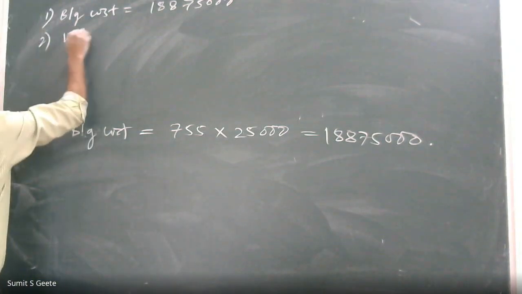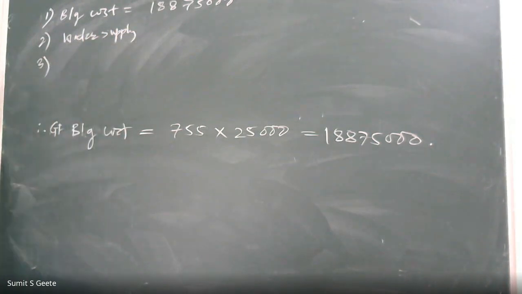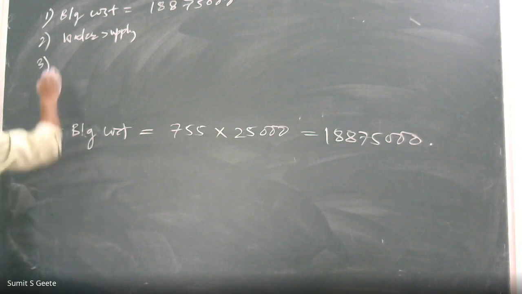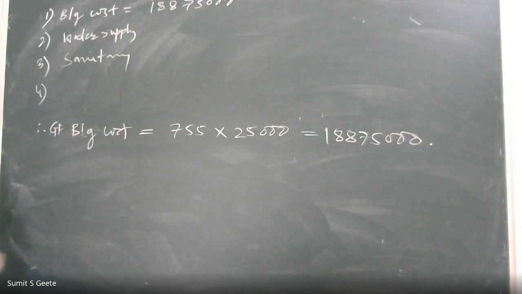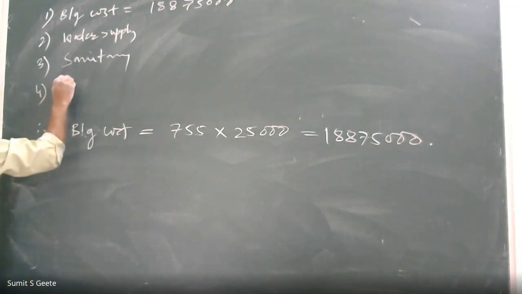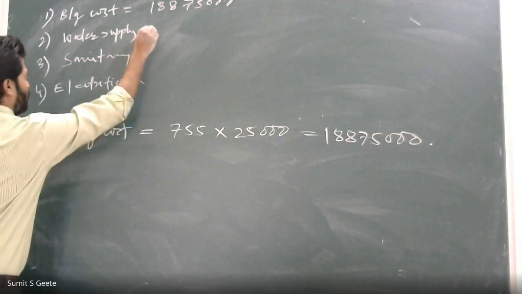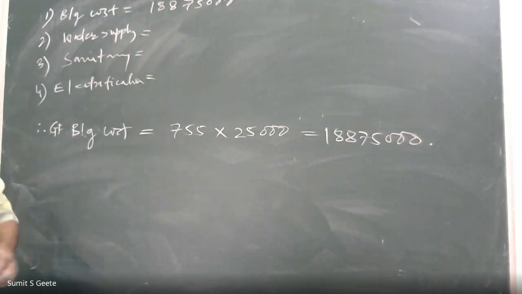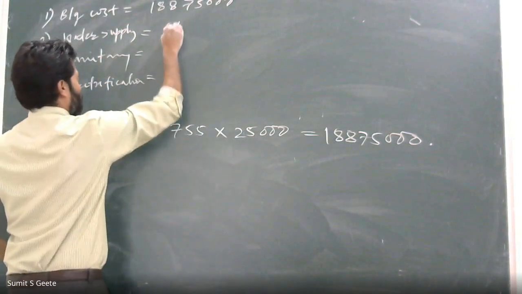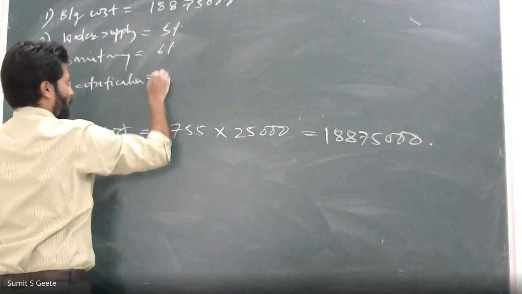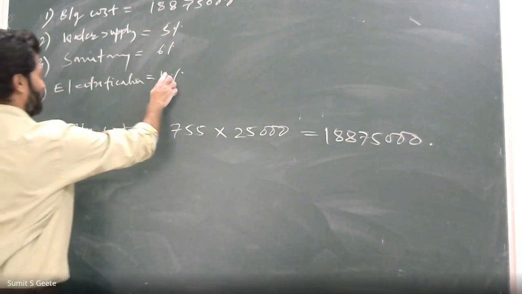Third is sanitary. Fourth is electrification. Now, how much is it? It is 5%, 6%, and this is, I suppose, 10%. Sorry, 12%.